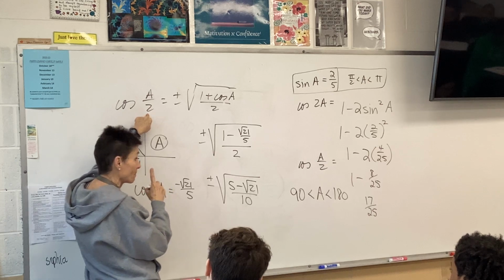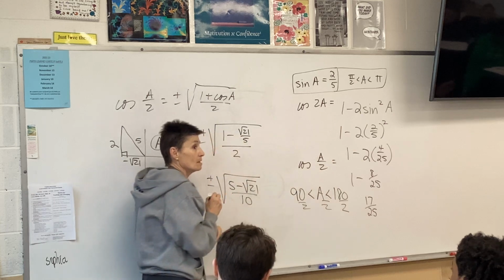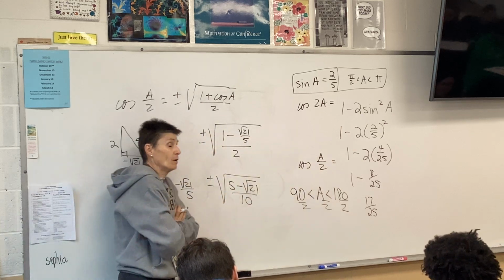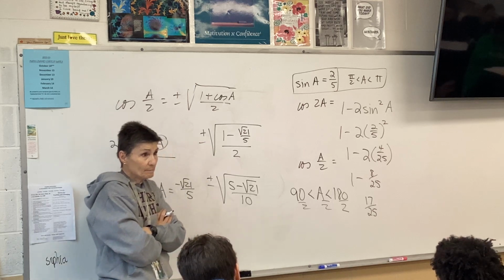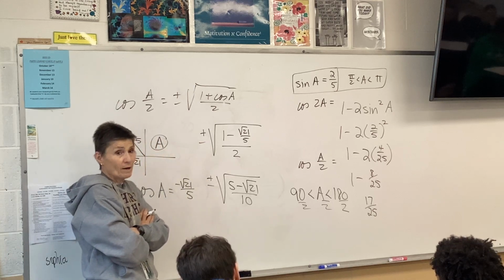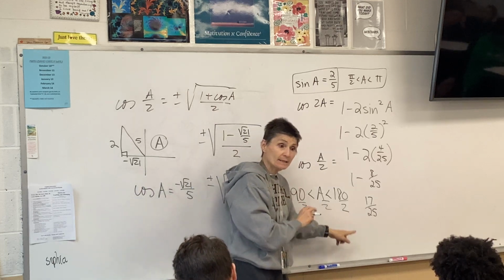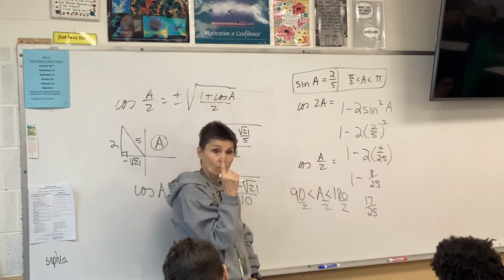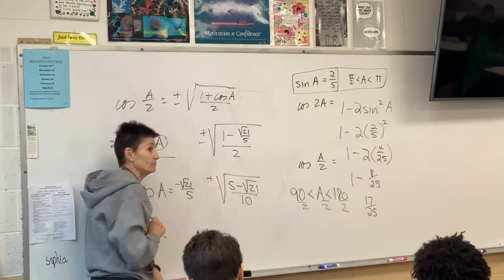The question is about half the angle. So if the original is between 90 and 180, then where is half of it? Between 45 and 90, which is quadrant 1, and everything is positive.